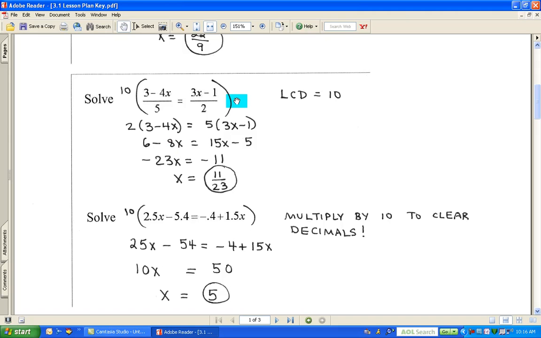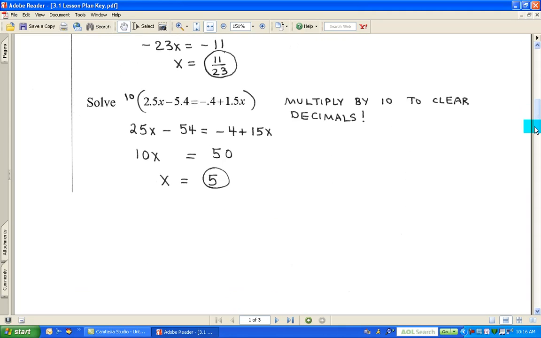On the other side, when I multiply by 10, 2 cancels into the 10 5 times. When I distribute the 5, I get 15x minus 5. I take my variables to the left and my numbers to the right, which leaves me with negative 23x equals negative 11. When I divide through by a negative 23, a negative divided by a negative becomes a positive, and I'm left with the answer 11 over 23.